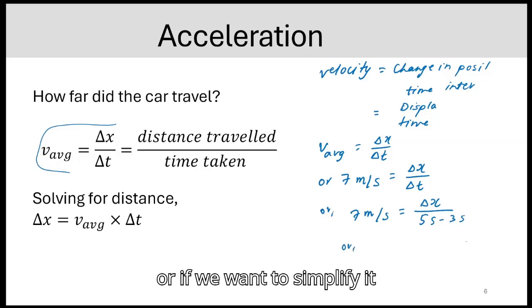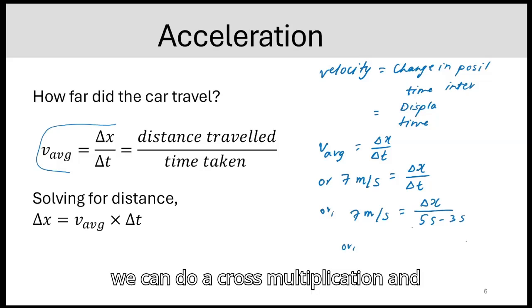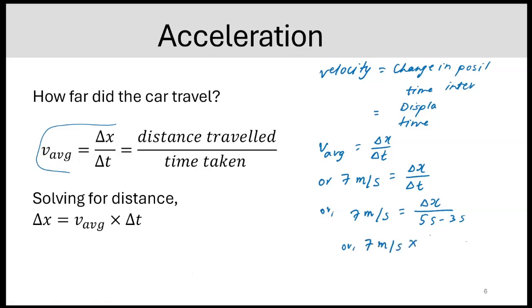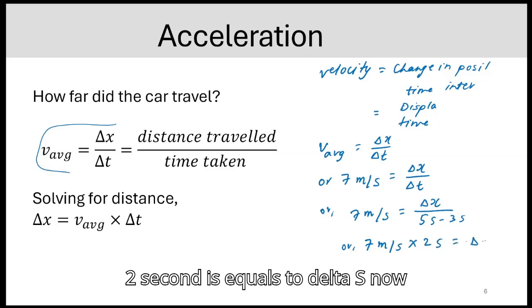Or if we want to simplify it, we can do a cross multiplication and multiply 7 times this is 2. Let's also write the unit. 7 meter per second times 2 second is equals to delta s.